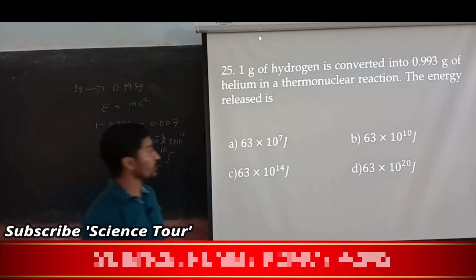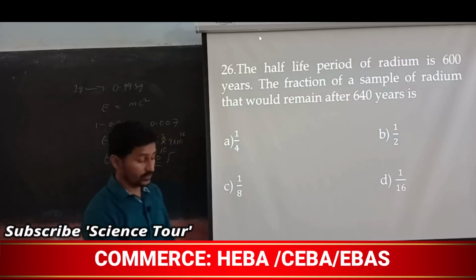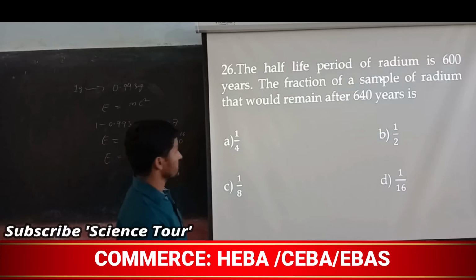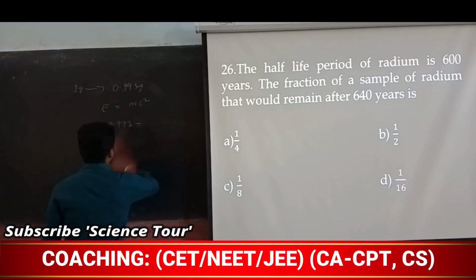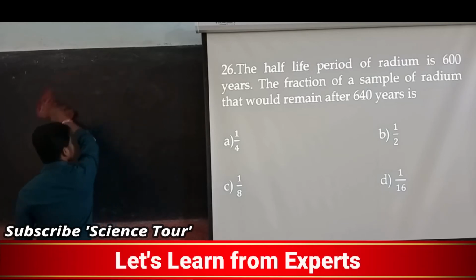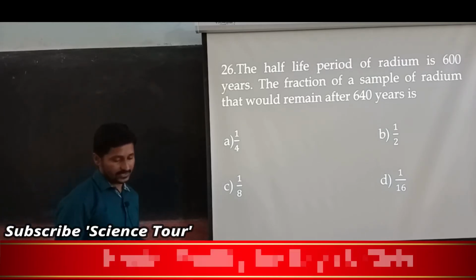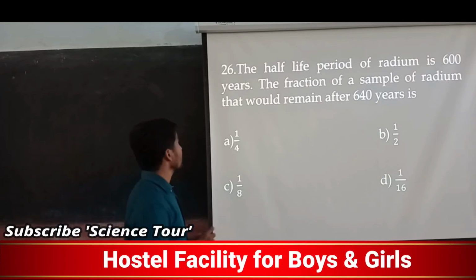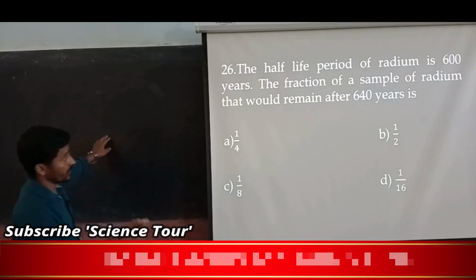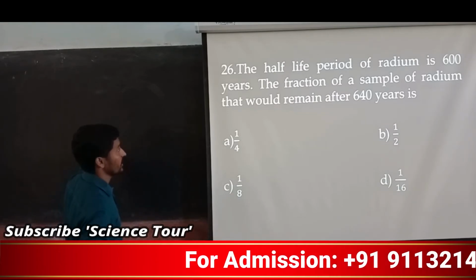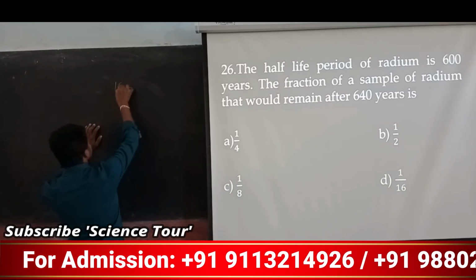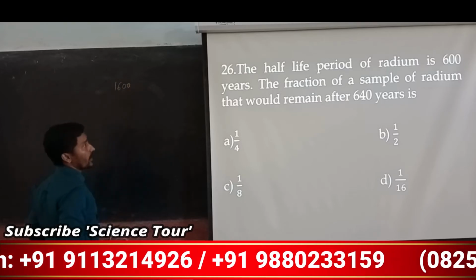So next we are going to talk about the next question, that is 26. Go through it on the screen and try to find out the answer. It says the half-life period of radium is, that must actually be 1600 years.